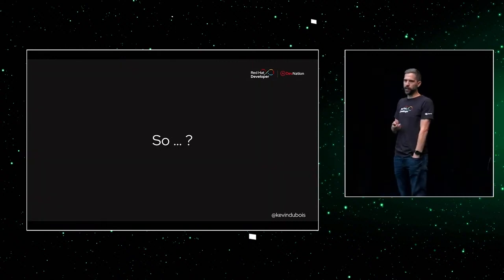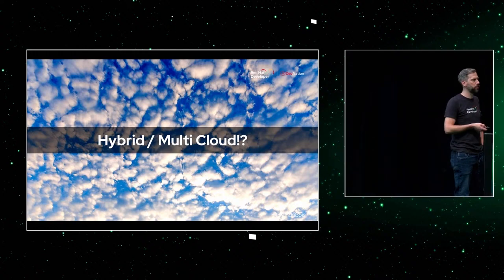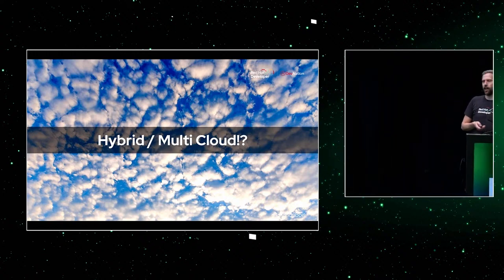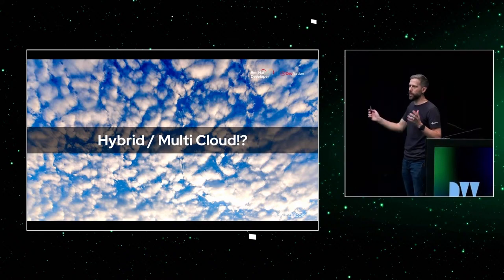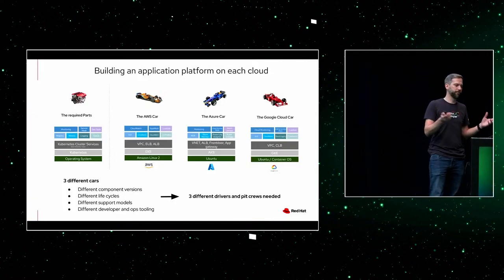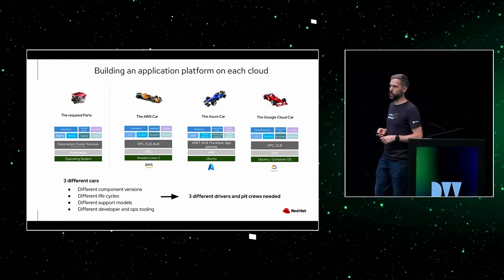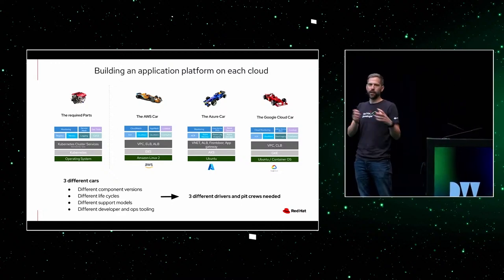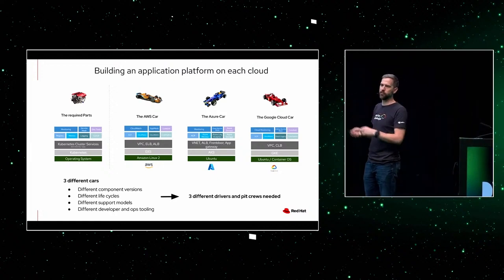So what do we do? Maybe you could go for some sort of hybrid and multi-cloud solution. You can use multiple cloud providers, kind of hedge your bets. But then they all do things a little bit differently. So you need a dedicated team, and actually more than that, you need many people working on this team for Azure, this team for AWS.